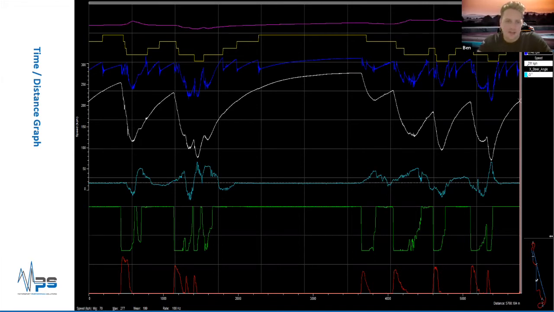So that's just a bit of a heads up on using distance. But as I say, for driver performance, you have fixed lines in the sand if you use distance, to be able to accurately and repeatedly compare yourself throughout the same corner or the same point on the track.